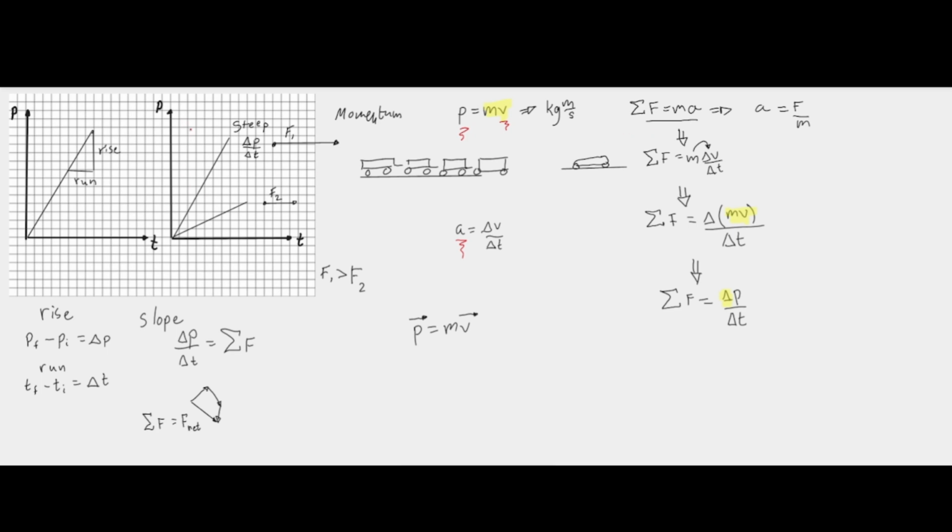If we see the graph and we see a steeper line versus a less steep line, then we know that a greater force must be acting on this top object versus the bottom object. The bottom object, object 2, would have a smaller force acting on it compared to object 1.